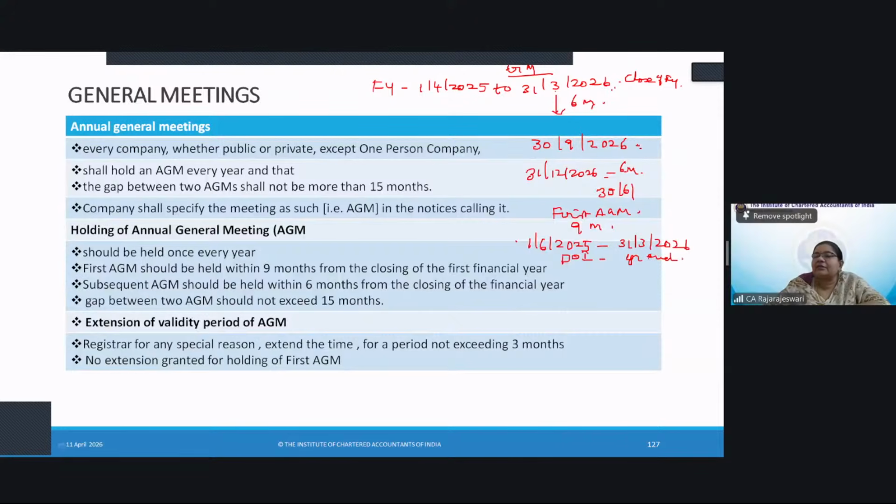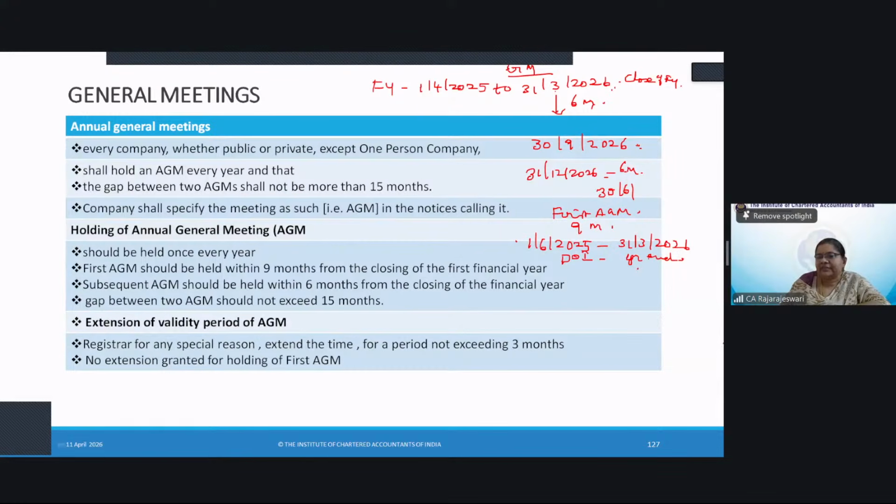They might ask you in the examination: in the first year, it will not be from 1/4/2025 to 31/3/2026. It will be from the date of incorporation. If the incorporation was done subsequent to 1/4/2025, the day on which it was incorporated will be the first day of the financial year.